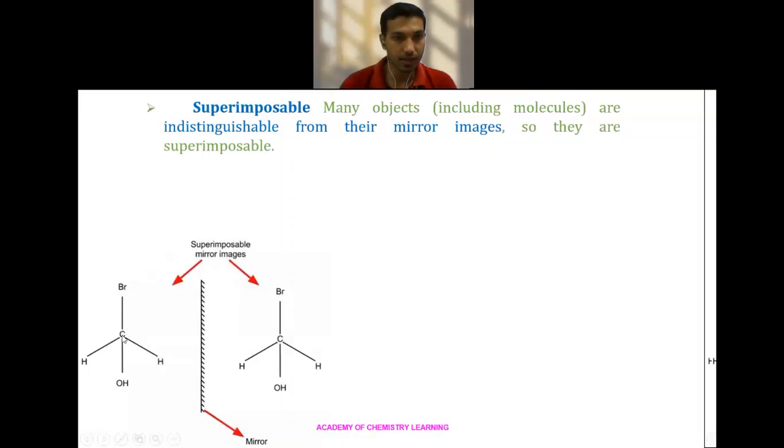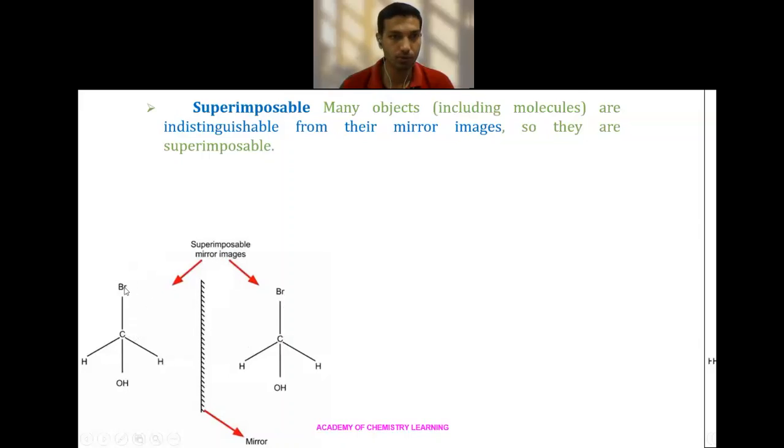This is the carbon atom. It has two hydrogen atoms, one OH and Br groups. Its mirror image should be like this. Now take this structure and put it on this structure. So what happened?